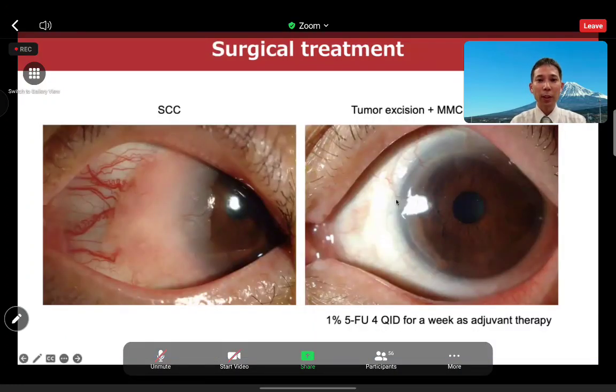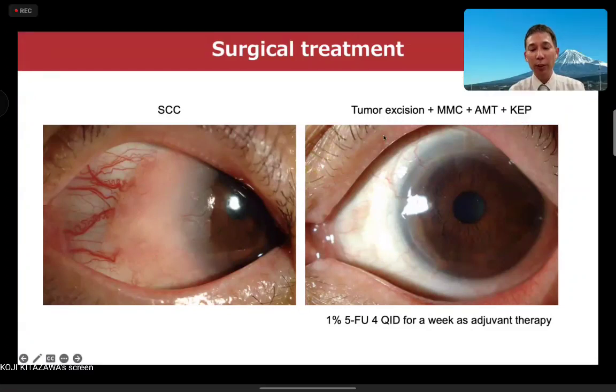For the surgical treatment, we of course remove the tumor by excision, and also apply mitomycin at the time of surgery. But if it is a very large tumor region, we also add amniotic membrane transplantation or sometimes keratoepithelioplasty for the ocular reconstruction.